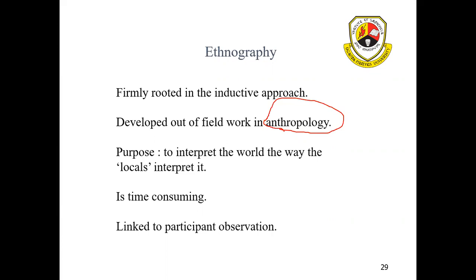I not only stayed with them, but I really participated with them in many of the activities to understand what they do. Now, you might say in ICT, where can this be used? It's possible, especially if we want to understand the dynamics of a certain organization, why people do things the way they do.